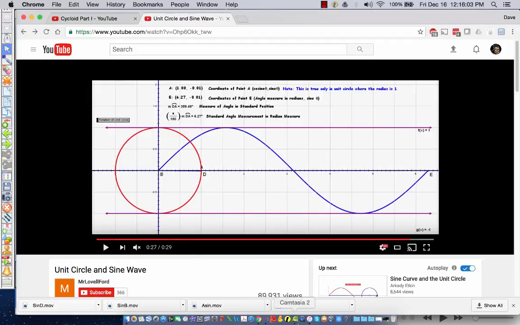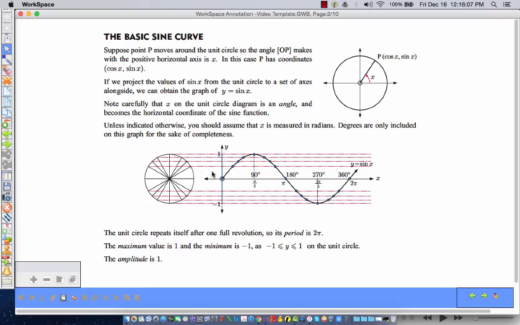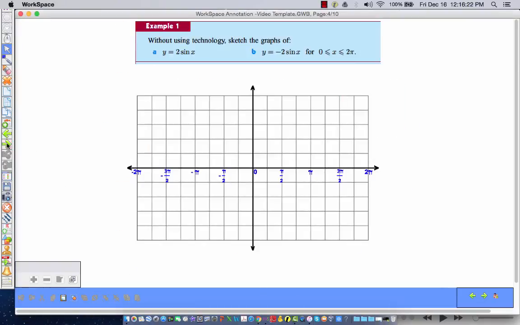This is the basic sine function as we saw back here. One period of the sine function is from 0 to 2 pi, and then it keeps repeating itself forever and ever and ever.